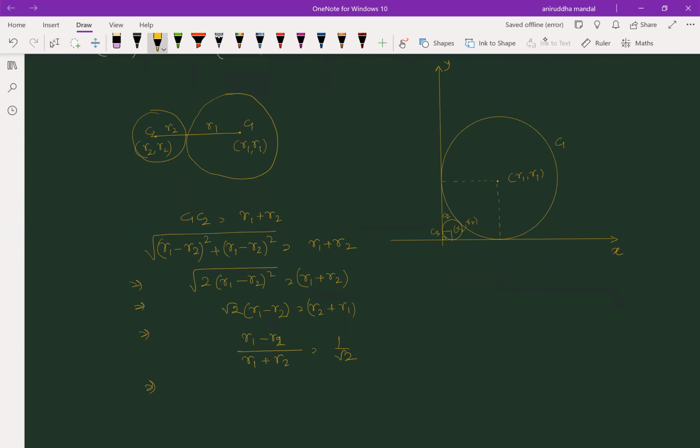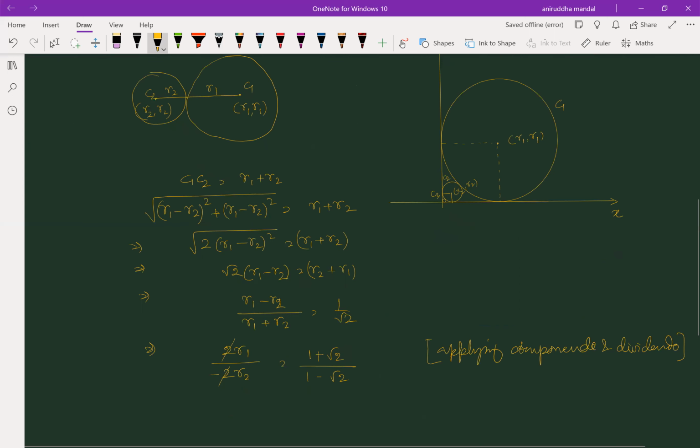Solving this, we get, using componendo and dividendo, 2 R1 divided by 2 R2 equal to (root 2 plus 1) divided by (root 2 minus 1).